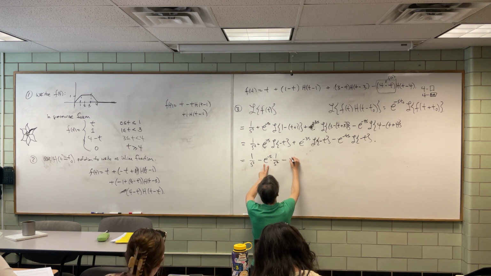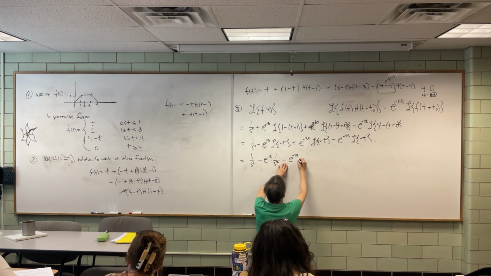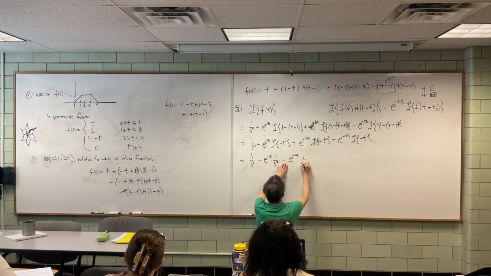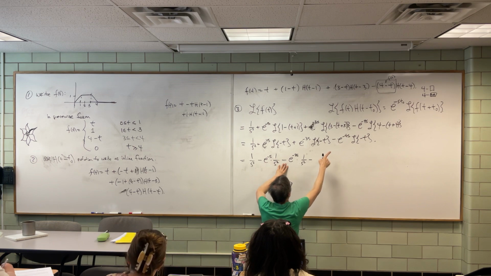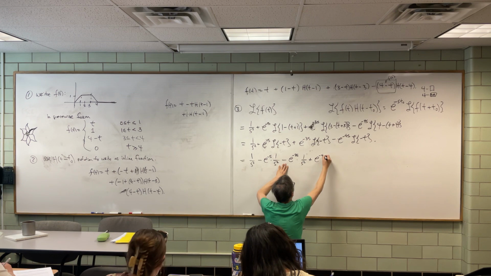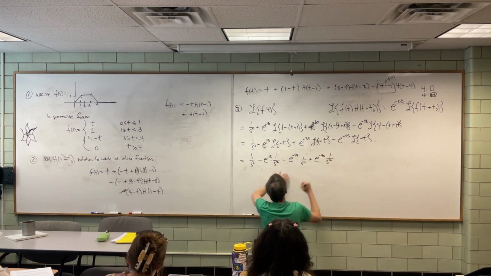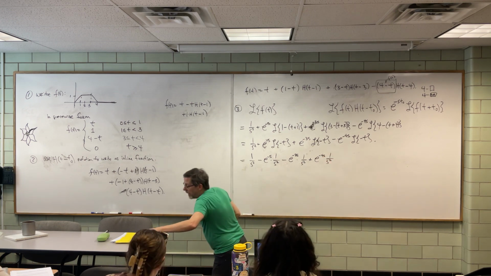I was going to do something really weird, but I don't think it's a good idea. And that becomes a plus then. So that becomes plus e to the negative 4s, 1 over s squared.